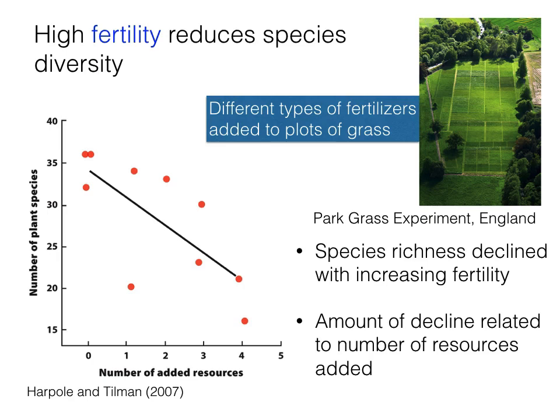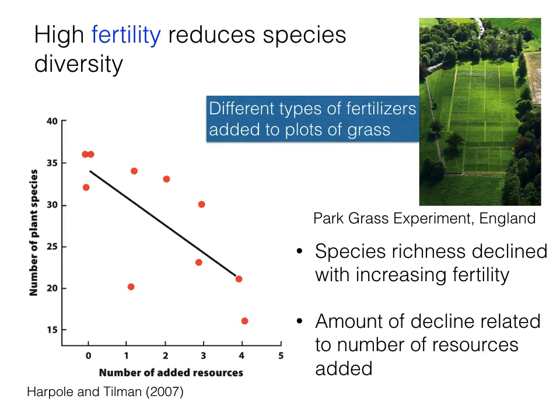What they found, and what other studies have found as well, is that as fertility increases, species richness declines. In this particular study, the amount of decline in species richness was related more to the number of resources added rather than the overall amount of resources.